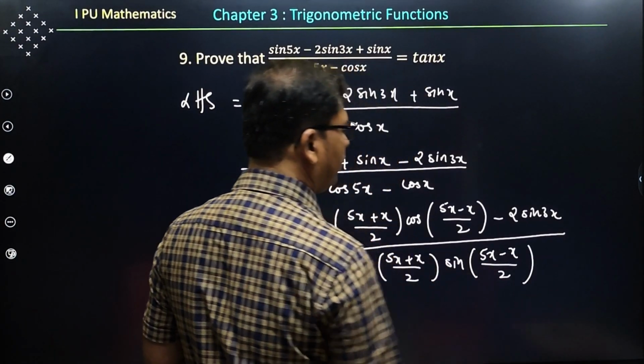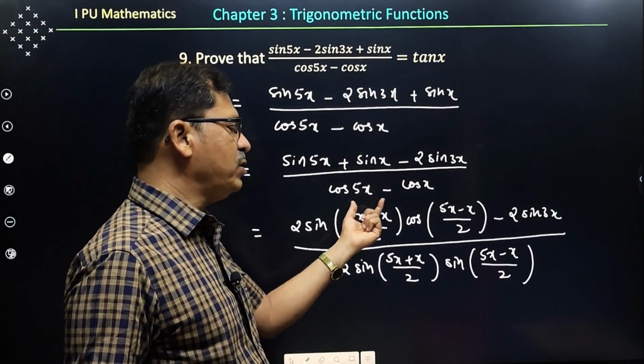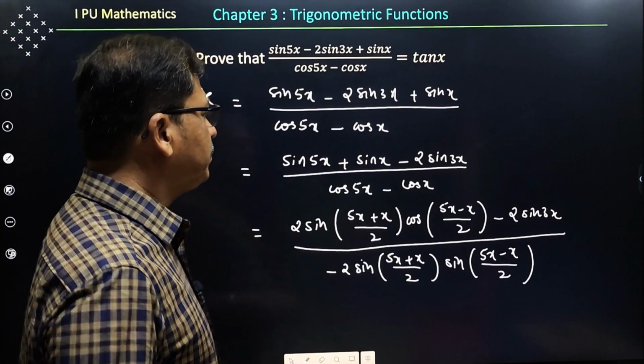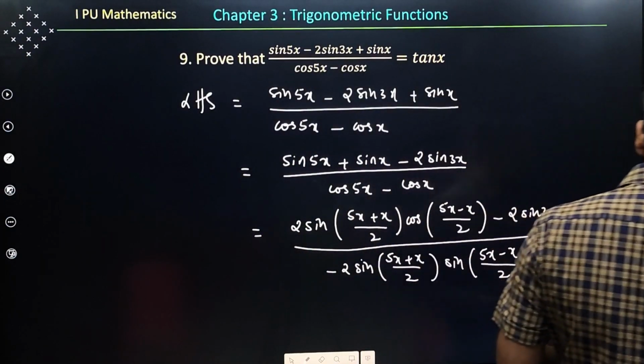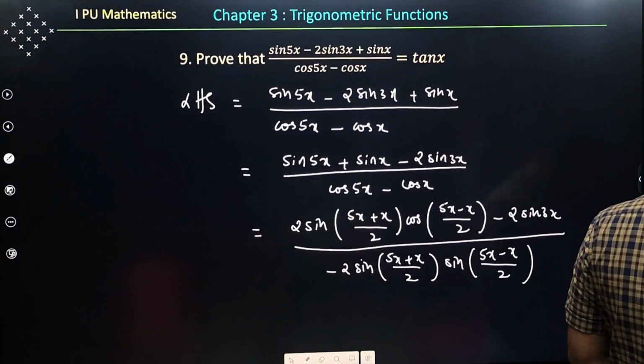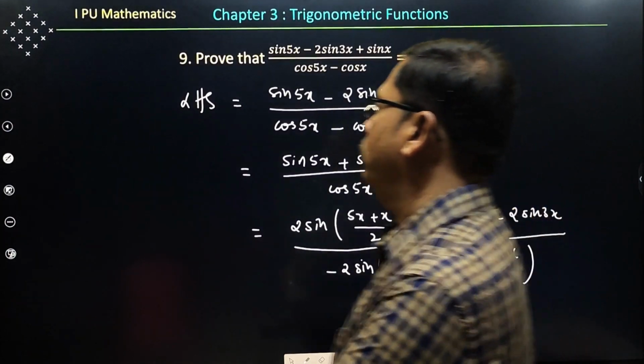This is the formula. Recall this. First time we are using this cos c minus cos d in this class. Yes, it is correct.